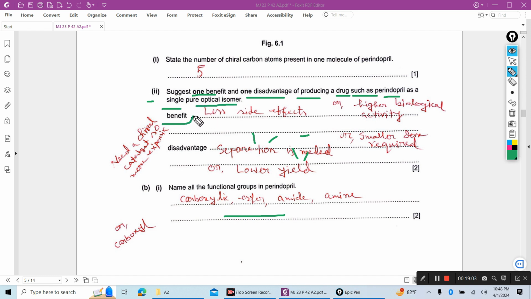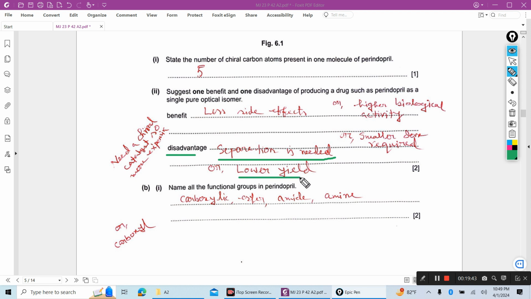The benefit or advantage, if a single optical isomer is produced, will be fewer side effects, or higher biological activity, or you can write a smaller dose is required. And disadvantages: separation is needed, or you can write the yield is lower.